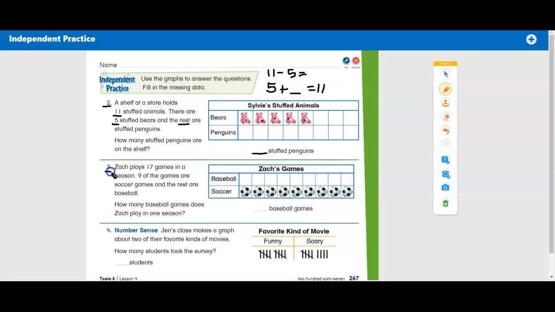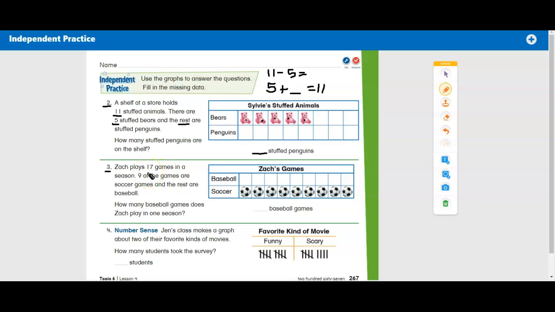For problem number 3, it says Zach plays 17 games in a season. 9 of the games are soccer games, and the rest are baseball. How many baseball games does Zach play in one season?